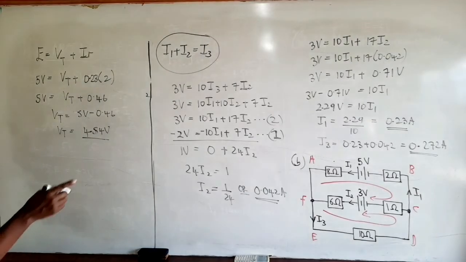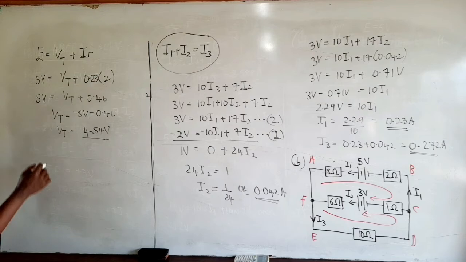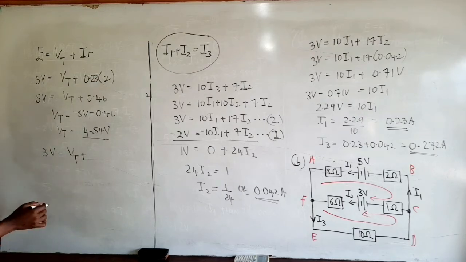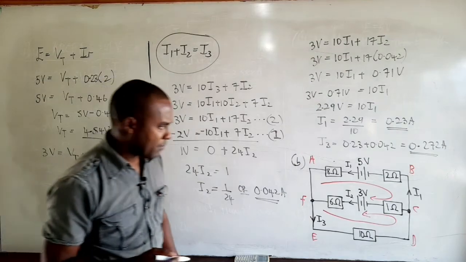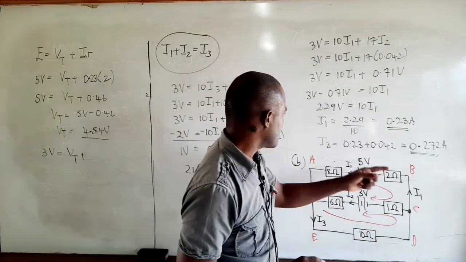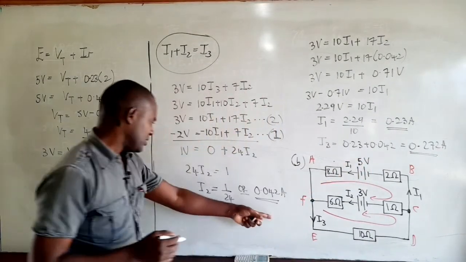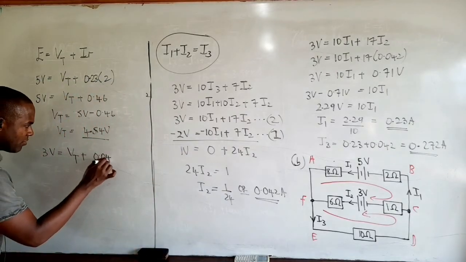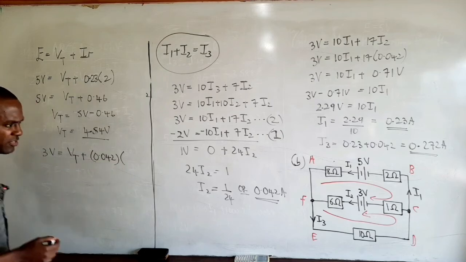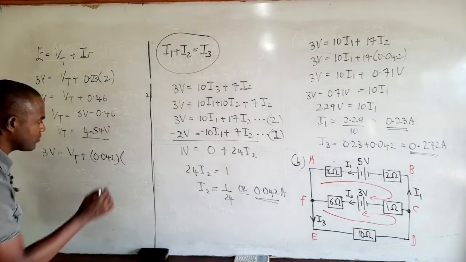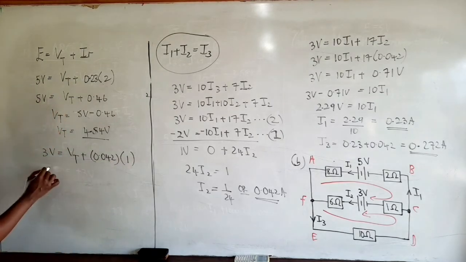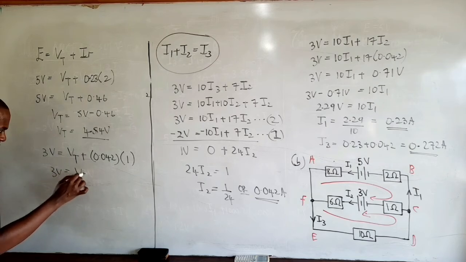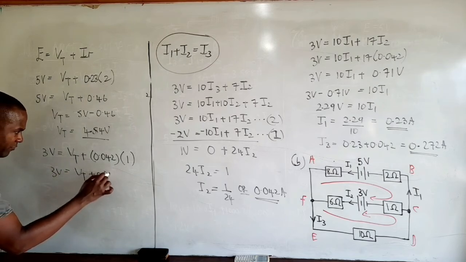Now for the 3 volt battery, using the same equation, we get 3 volts is equal to terminal PD plus its current I2, which is 0.042 amperes, times its internal resistance, which is 1 ohm. And so we get that 3 volts is equal to VT plus 0.042 volts.